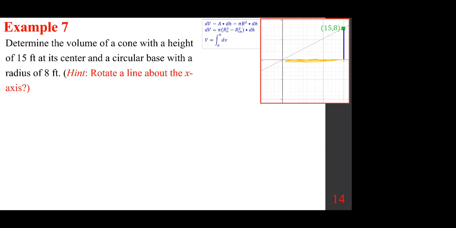That means this is 15. This is 8. And this is a typical vertical strip if we revolve this about the x-axis.